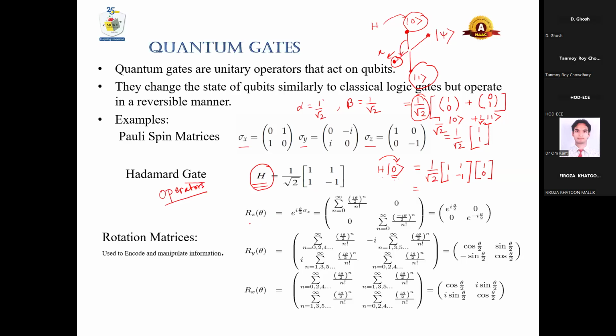Now, in general, there are rotation matrices. RZ theta is a rotation operator with a theta rotation along the Z axis. Similarly, RY gate is a rotation around the Y axis for the qubit.